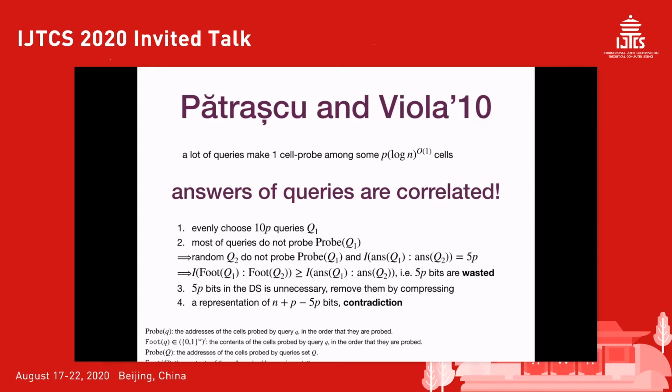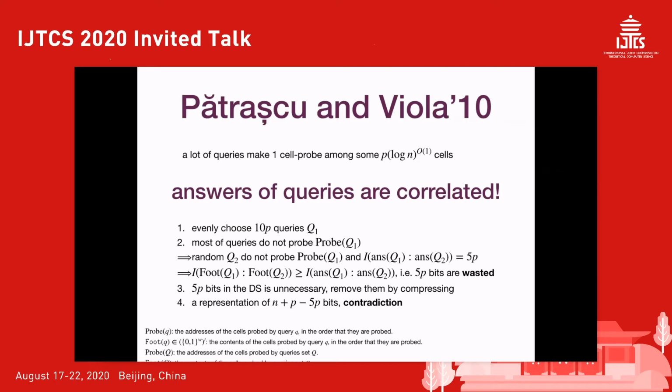We evenly choose a set of queries Q1. Then, if most queries do not probe the cells probed by Q1, with good probability, we show two consequences. First, a random set Q2 does not probe the cells probed by Q1. Secondly, lots of information is contained in the answers of both Q1 and Q2.